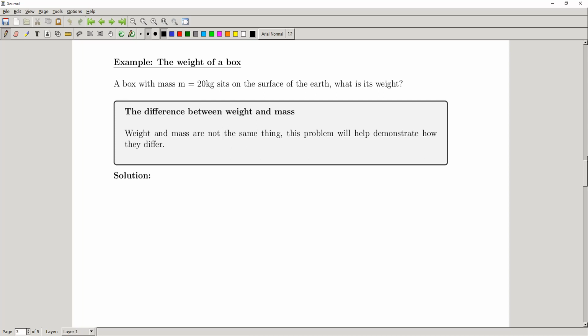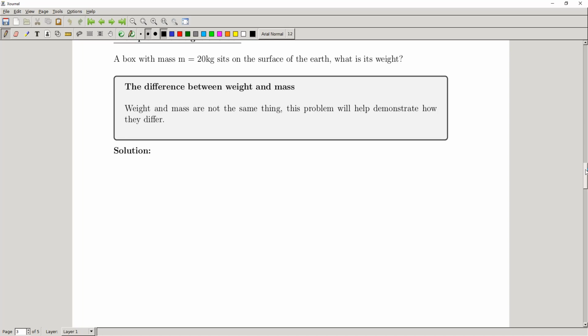Okay, so as we often will, let's start off by looking at a bit of a diagram here. Let's imagine we have just the ground here. We have some box that's intended to be sitting on the ground, and it's a box of mass m. And so what are we going to see as we look at the forces applied to this box?